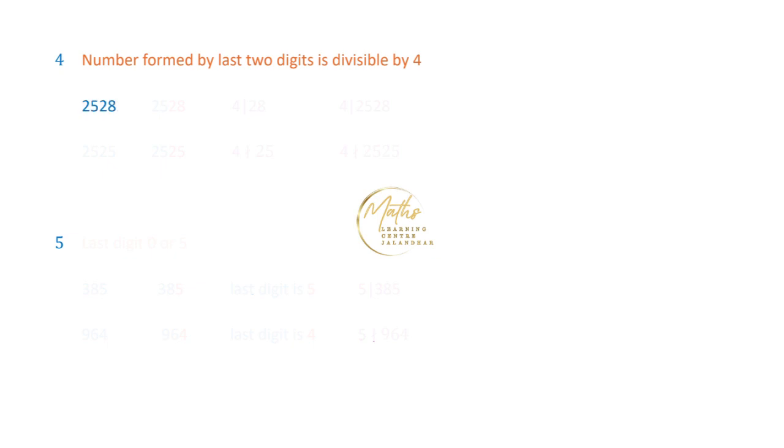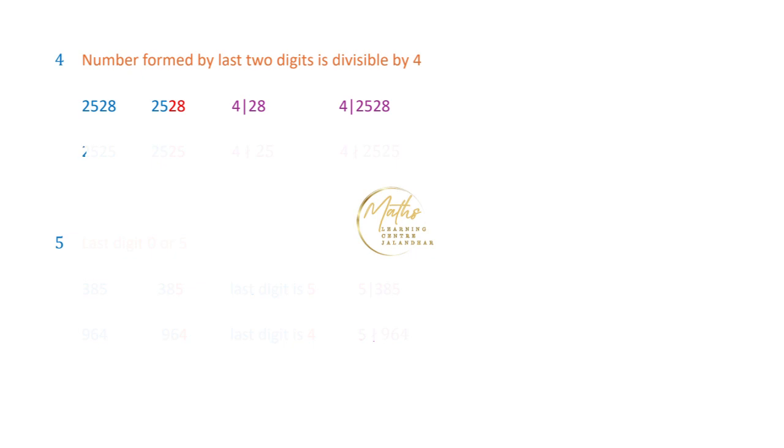Consider the example 2528, the given number. The last 2 digits are 2 and 8 and the number formed is 28. We know that 4 divides 28. So using this method, if 4 divides the last 2 digits, then 4 will divide the complete number 2528.